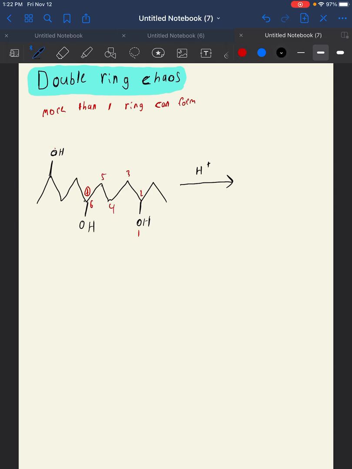We are going to form a 6-membered ring. Put my oxygen there. At the second position, I have an ethyl. Third position, I have nothing. Fourth position, nothing. Fifth position, nothing. Sixth position, I actually have OH. And then we have this guy right here, which is 1, 2, 3, 4.